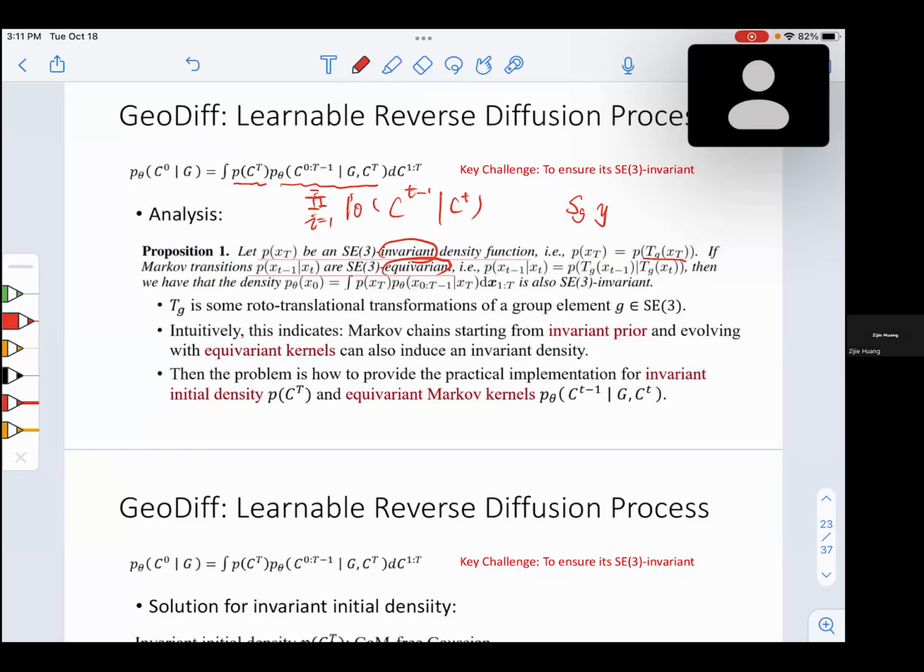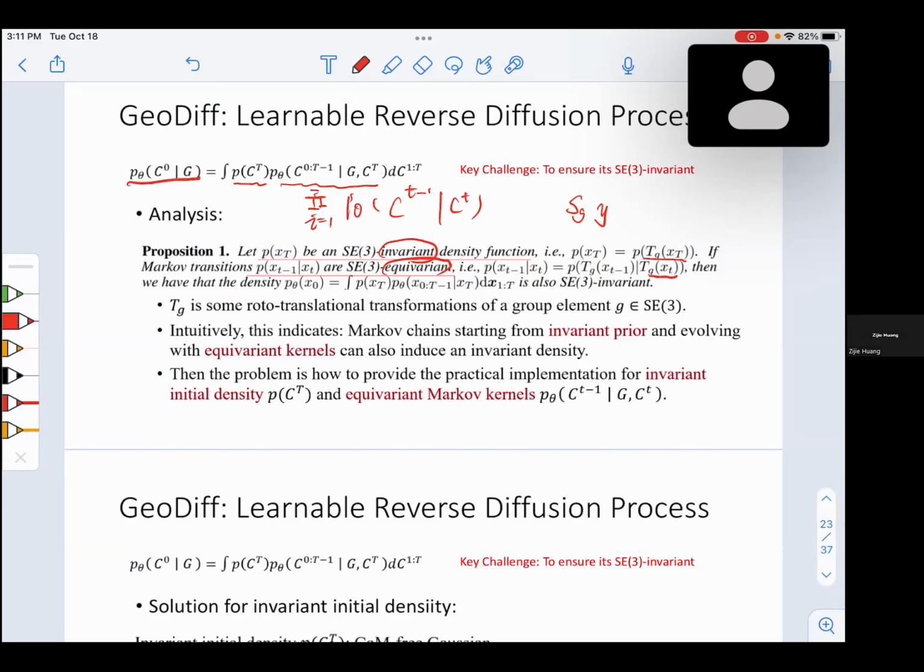But since it's a conditional probability, the xt's original output would also be transformed by the same operation. So essentially, the second requirement only requires the Markov transition function to be equivariant instead of invariant. That's basically the analysis of the marginalized formula.